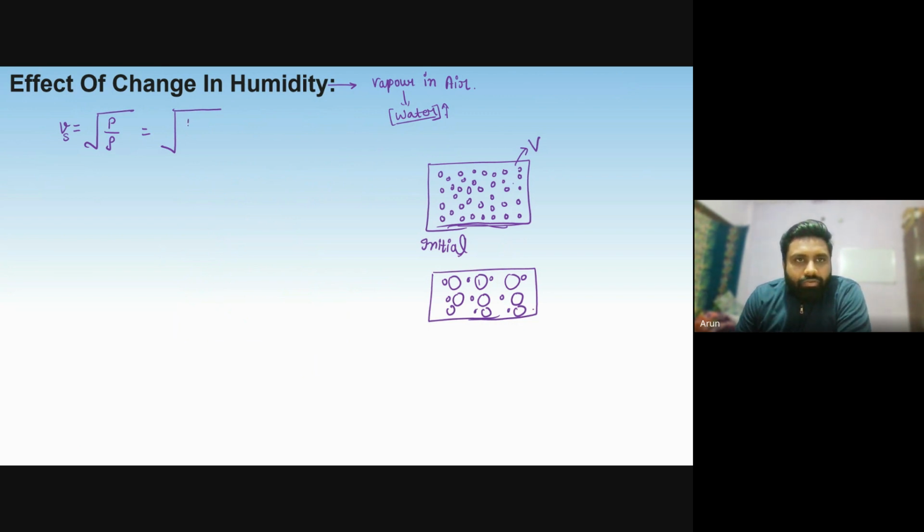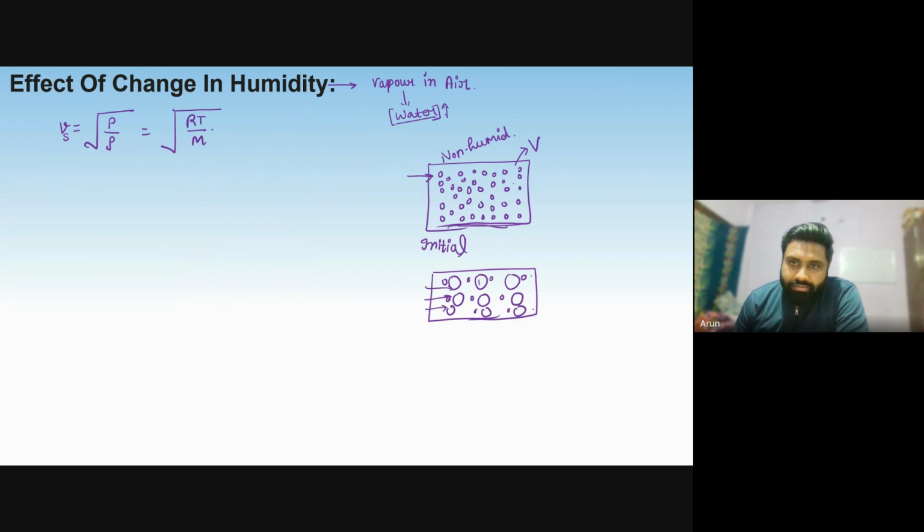This you can write also as RT upon M. Now, when this sound is traveling in this non-humid air, there will be no change. This is air molecule only here. So the speed will be unaffected. But when these water molecules come across the sound wave, then what will happen?